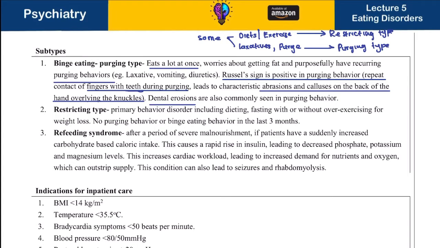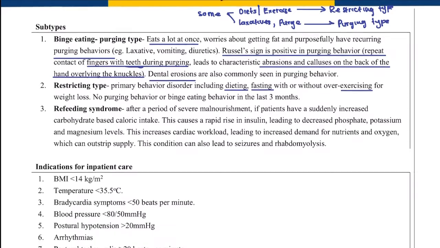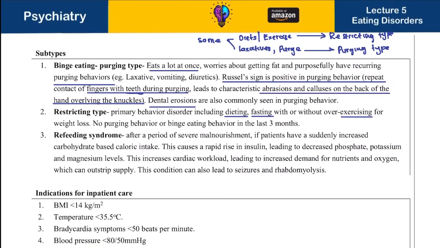In restricting type, they have diets, fasting, and over-exercising. There's some emergency which is called the refeeding syndrome.